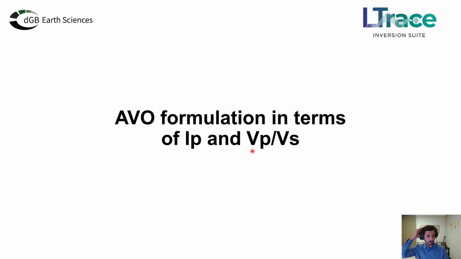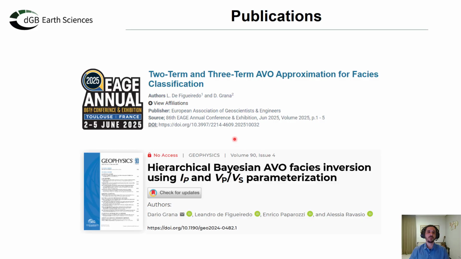Now, about the AVO formulation in terms of P-impedance and Vp-Vs ratio. We first published the formulation at the EAGE annual meeting, and then we published in Geophysics the AVO formulation applied in the Bayesian Linearized Inversion with facies classification.